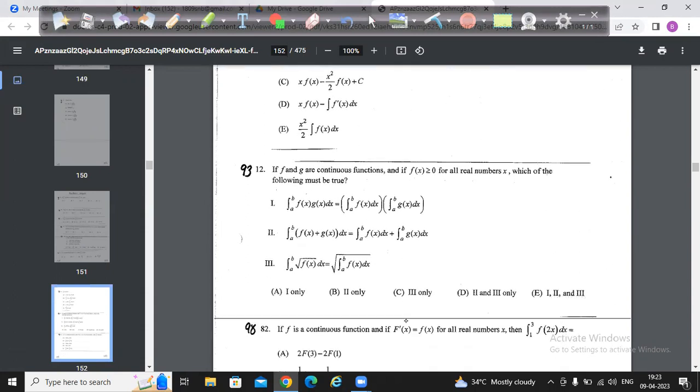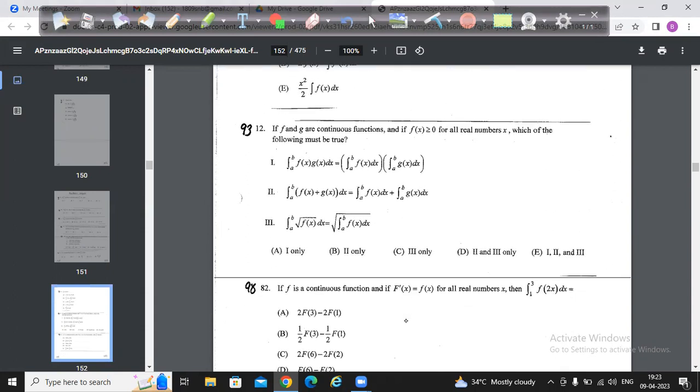Please see the 12th question. He gives some high-fi numbers there. F and g are continuous functions and f of x is a positive function for all real numbers x. Which of the following must be true? Which of the following must be true?